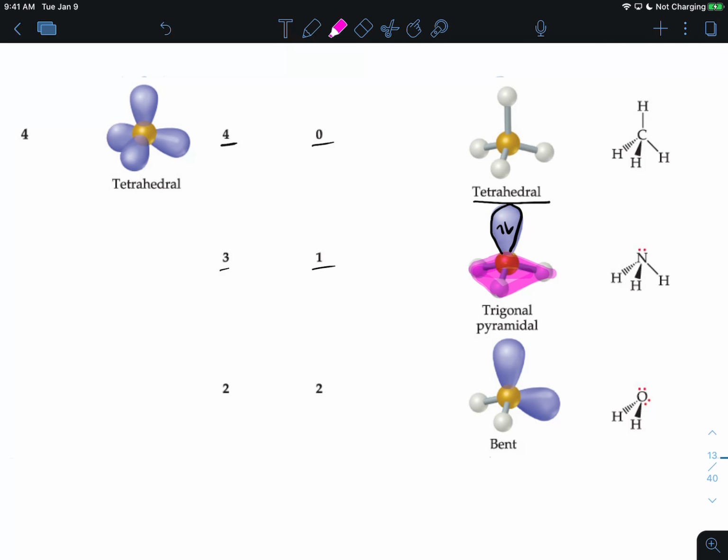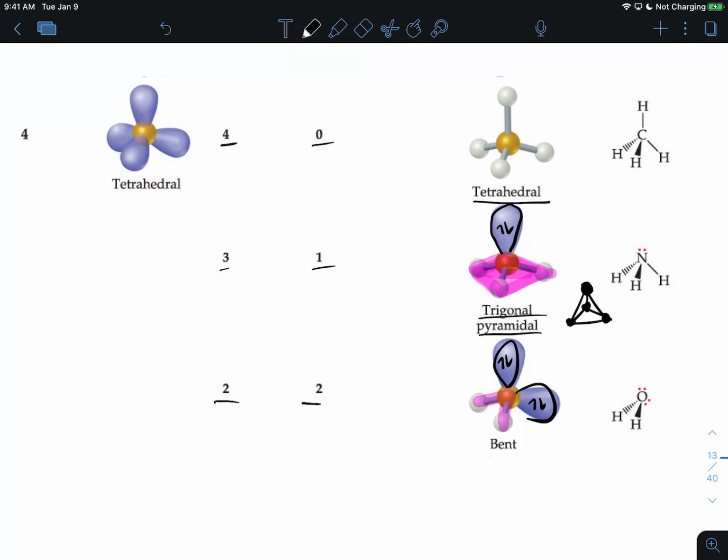What we find is we get what's called a trigonal pyramidal structure, because it makes this triangle base up to a pyramid shape, where that's our central atom, and then those are our 3 peripheral atoms. Then with 2 and 2, we get the same structure we saw before, a bent structure, because we are ignoring these lone pairs.